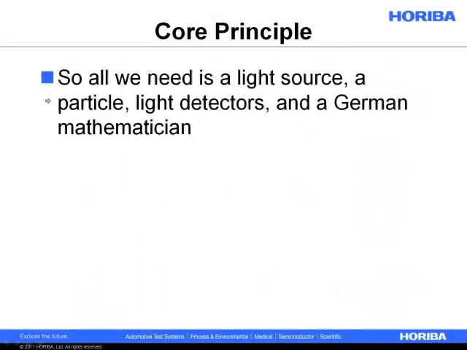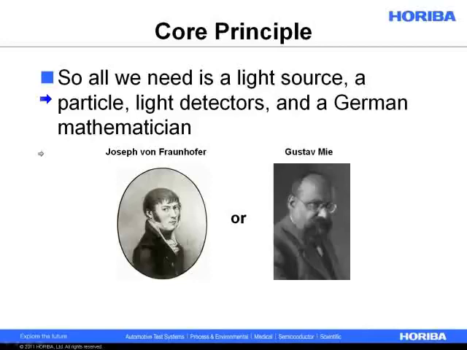So essentially all we need to do this measurement is a light source, a particle, some light detectors, and a German mathematician. And we can use one of two of them. We can use either Joseph von Fraunhofer, who developed the Fraunhofer approximation, or Gustav Mie, who developed the Mie scattering theory.